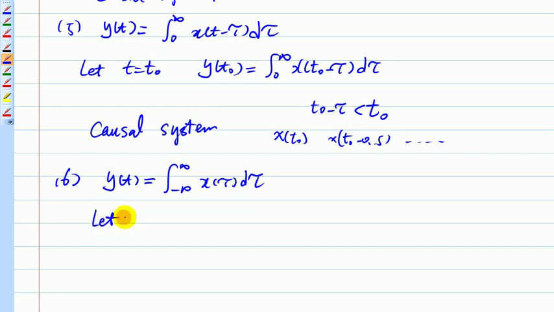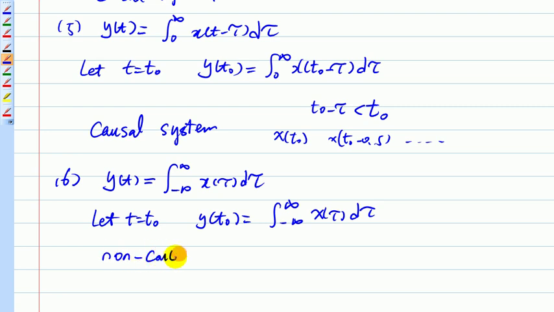Now if you let t equal to t naught, t naught is a constant number, but you have infinite, so you will have many instants that are after t naught. Which means the current output will depend on future inputs. So this is a non-causal system.